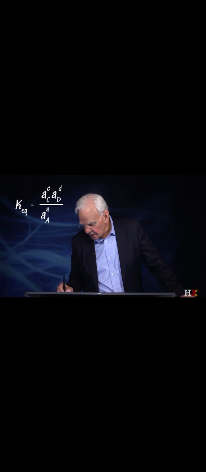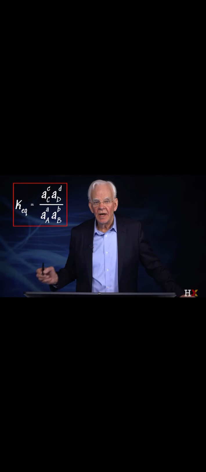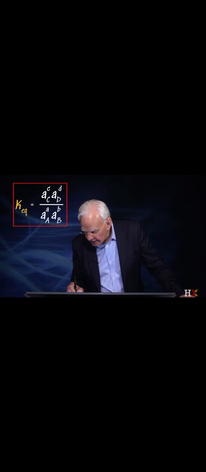And so I can write this as the activity of the products, C, raised to the stoichiometric coefficient times the activity of D raised to its stoichiometric coefficient divided by the activity of A and of B. So I have exactly the same expression based on the law of mass action, but I've now inserted activities in that. But the key point is that that equilibrium constant I can then use in all thermodynamic calculations.